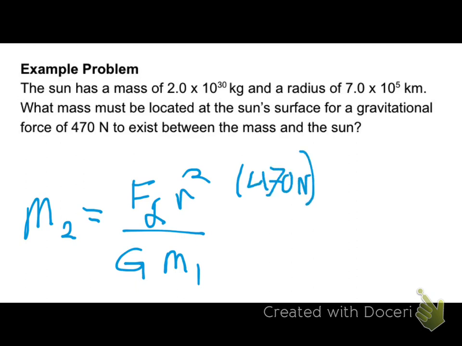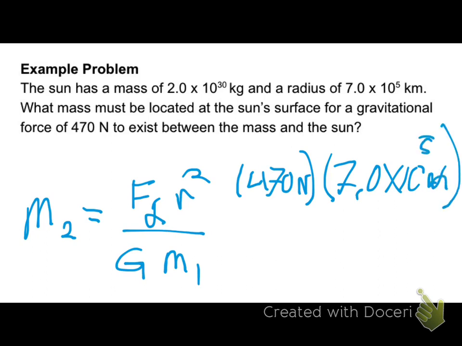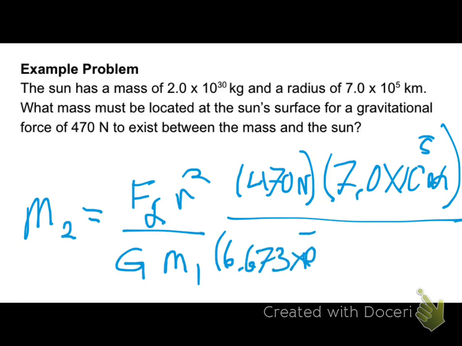1.7 times 10 to something? 1.7 is closer. And so then we do 470 times 7.0 times 10 to the 5th kilometers. That's a terrible kilometer. Then the universal gravitational constant, which is that great big 6.673 times 10 to the negative 11, and the great big unit that I'm just not going to write out.